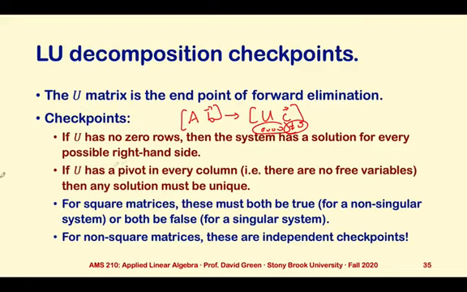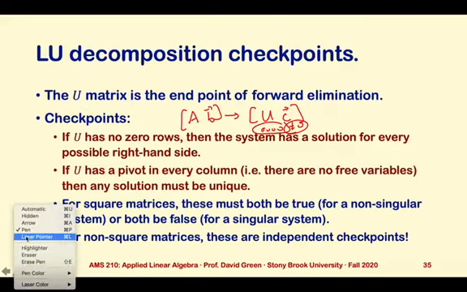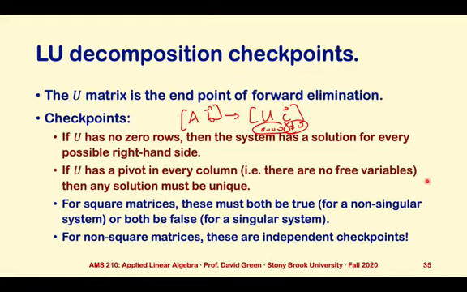If U has a pivot in every column, that is, there are no free variables, every column is the leading entry for some row. If this is true, then the solution must be unique.